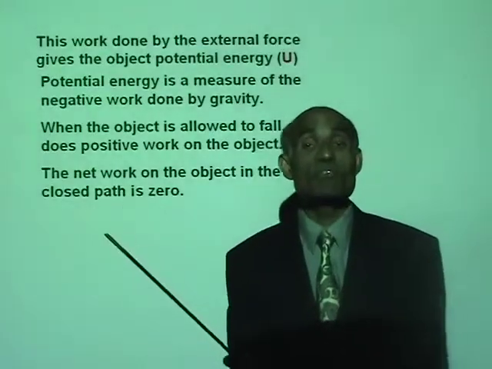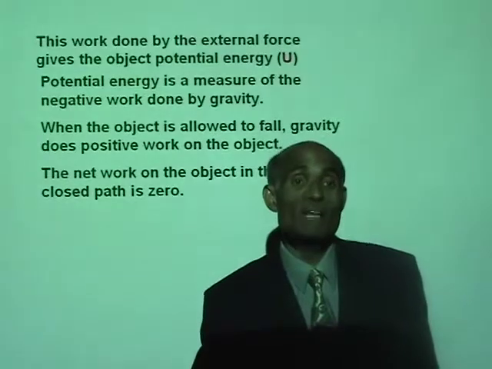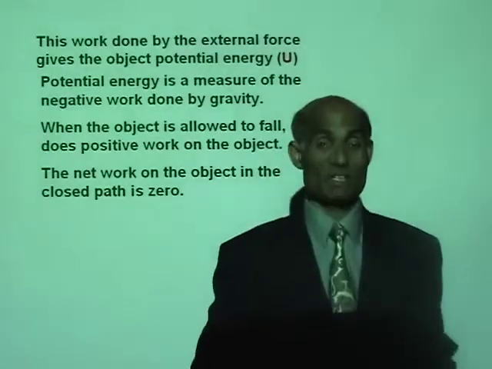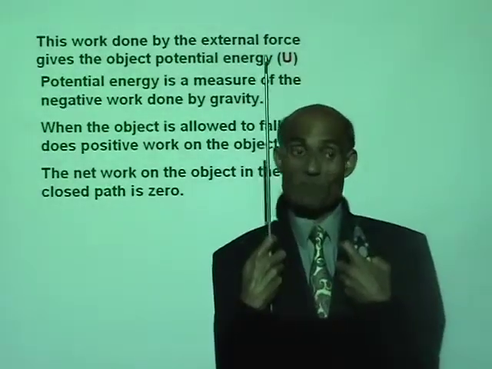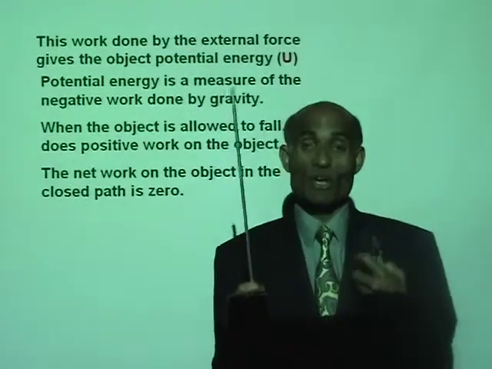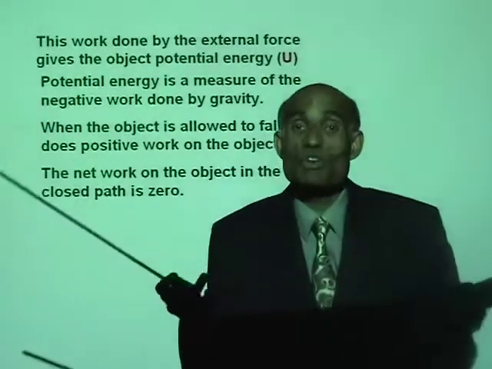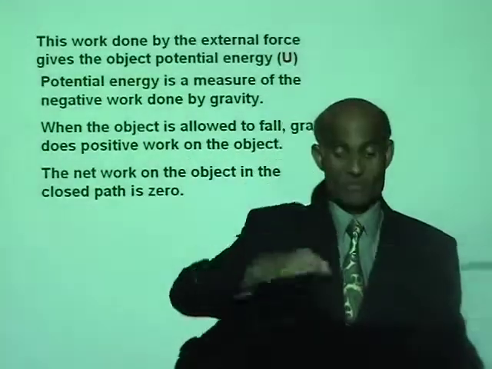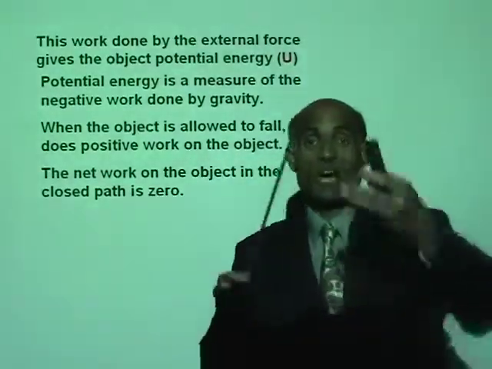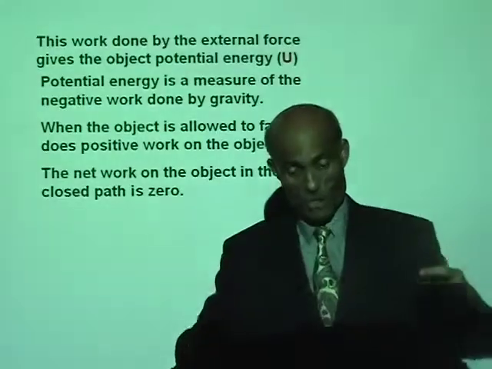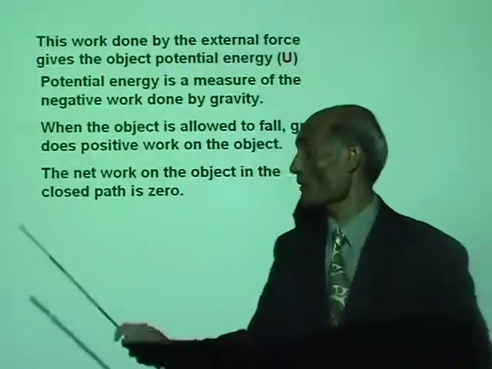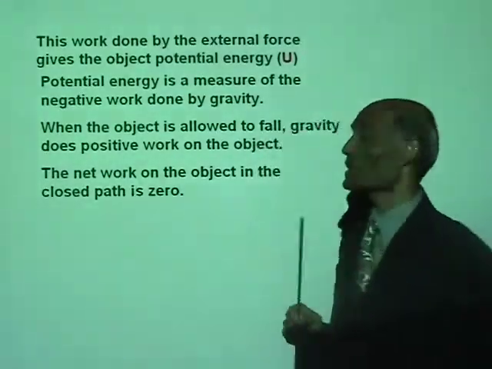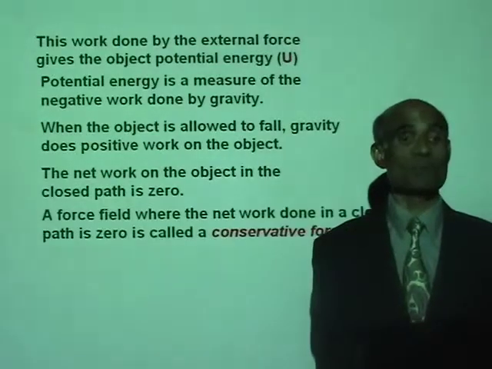In a gravitational field, the net work done by the force of gravity, I'm not talking about work done by me or anybody else, is the work done by the force of gravity on an object in a closed path. That is, you raise it up and then leave it, the object moves in a closed path. And the work done in a closed path is zero.